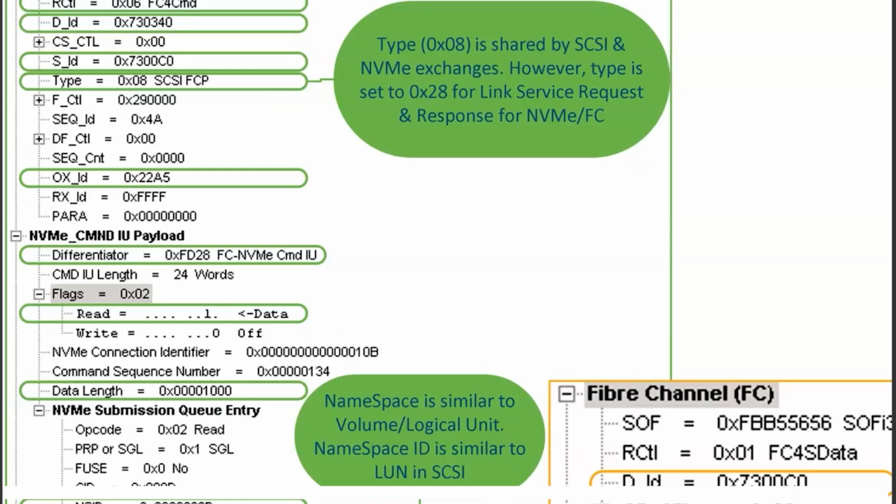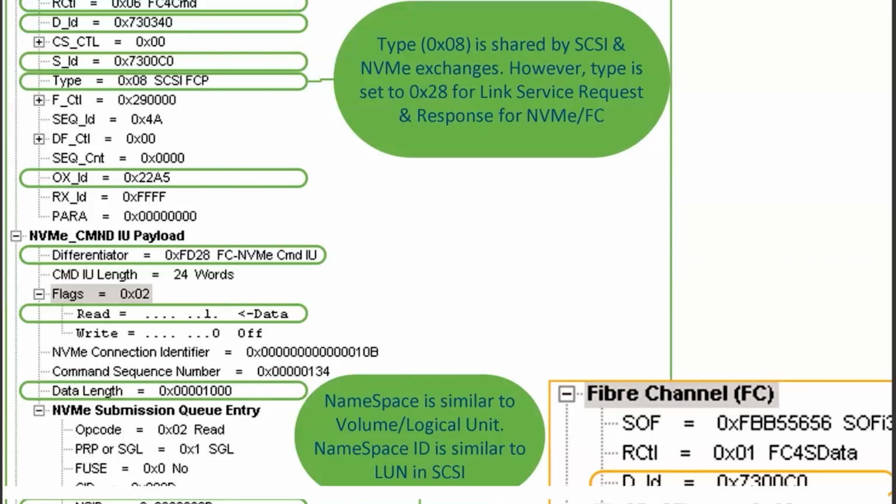When you do show fcns database, that's when it shows. But in the data frames, you will not see that if you're just looking at the Fibre Channel header, and that's totally by design. We detect it only when we enable SAN analytics and start inspecting the frame headers after that. And obviously after that, you see that there's a differentiator type and there's a whole new header.